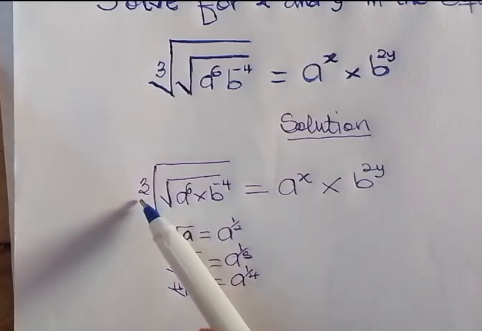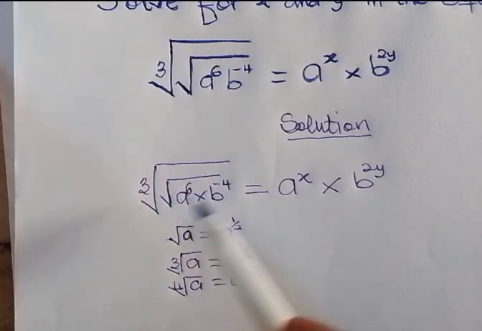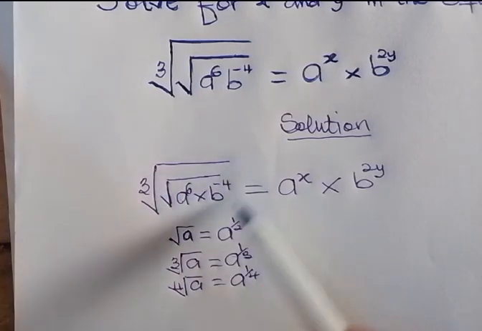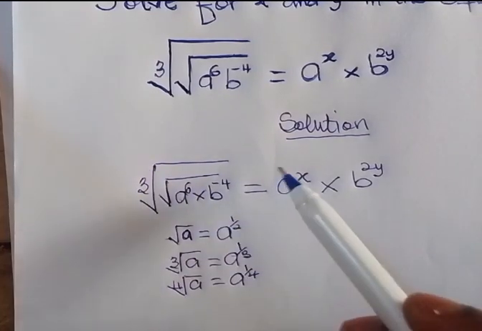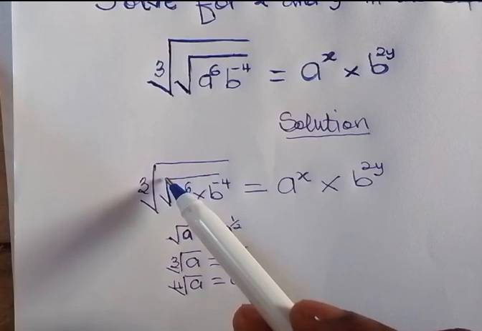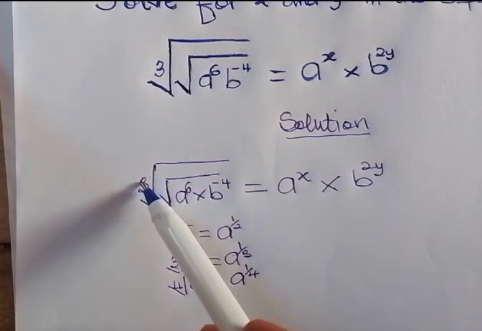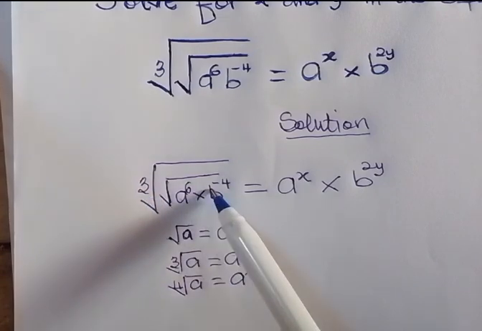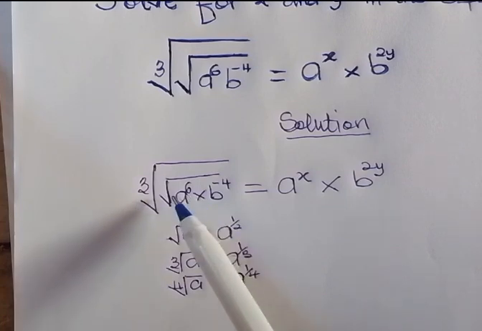So we are going to apply this property here, or we can also do it this way. Since we have a cubic root here and a square root here, we can take the cubic of both sides, and after that we also take the square of both sides. But I don't want to use that method.